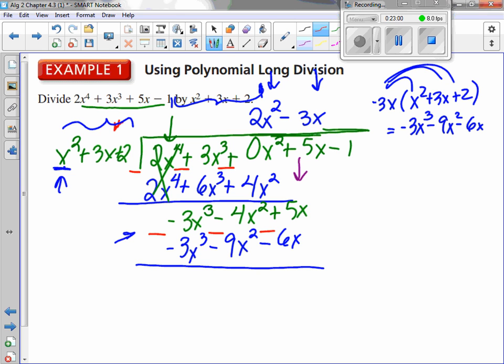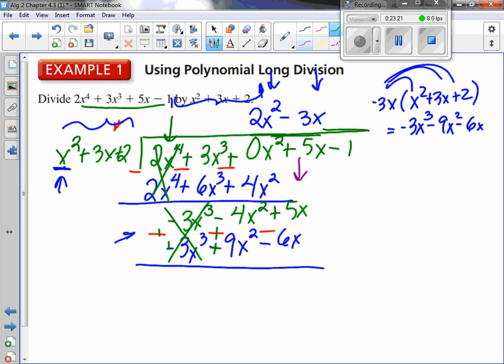Any questions on any of this here so far? Negative 3x cubed, well, negative and negative make a positive. But this all becomes 0, yes? So here, negative and negative make a positive.